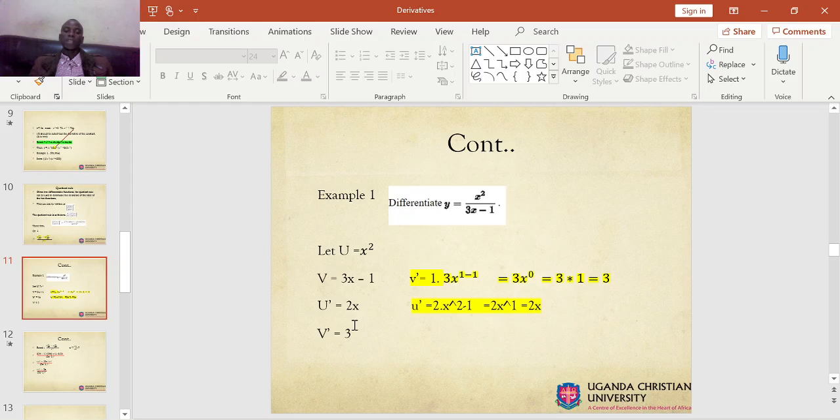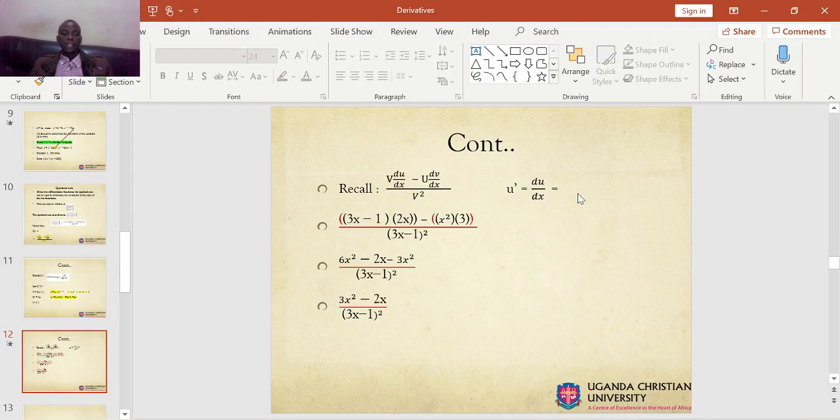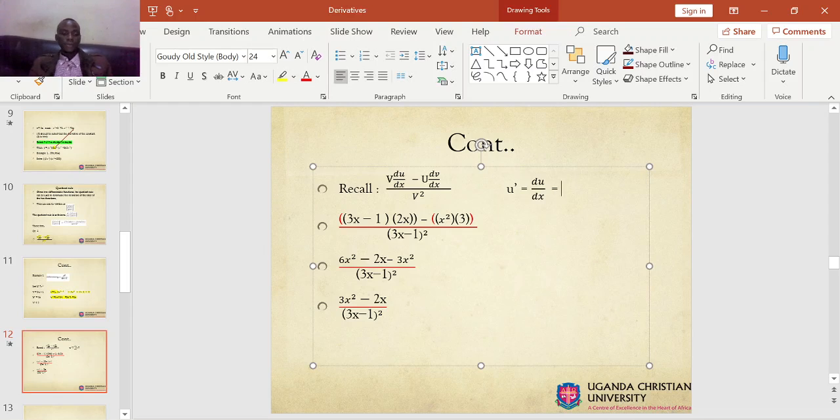Our answer was 2x. That's our derivative of u, 2x. Let me just put it in a different color.